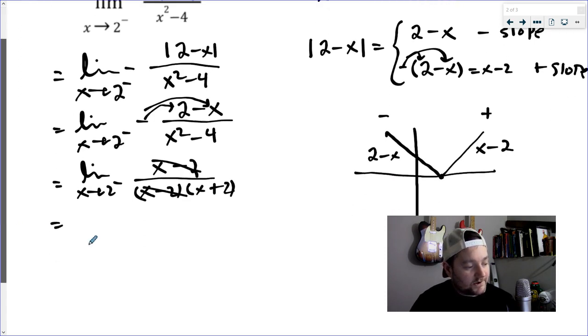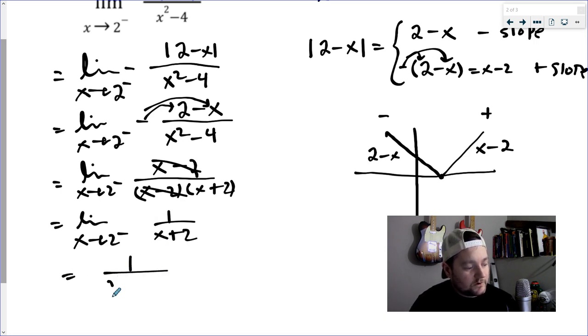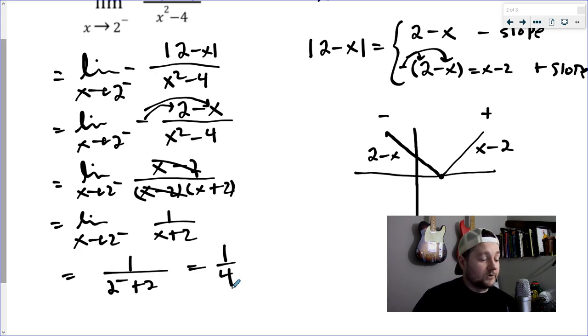Then I'm ready to sub in. I'll rewrite first as x goes to 2 minus, and then 1 over x plus 2. And we go ahead, sub in 1 over 2 minus plus 2. Again, that minus doesn't really matter in this situation, and we end up with 1 over 4.